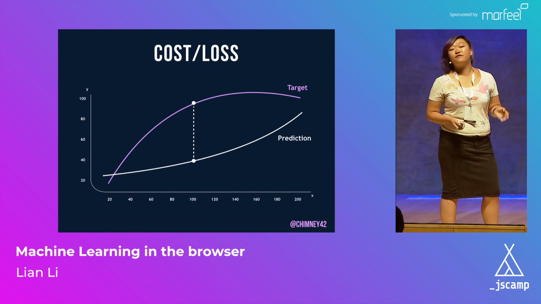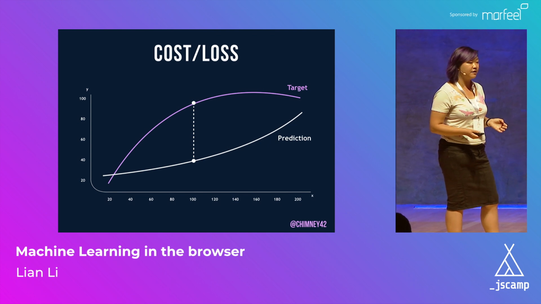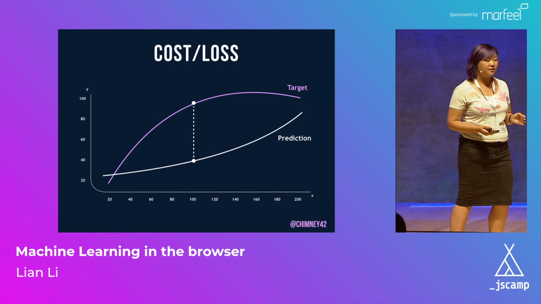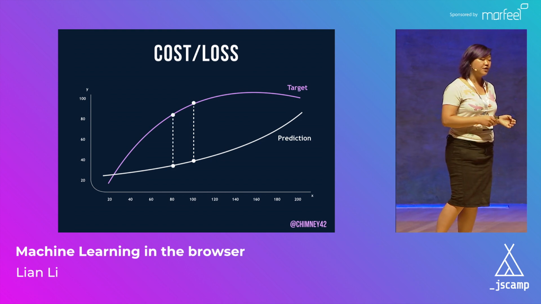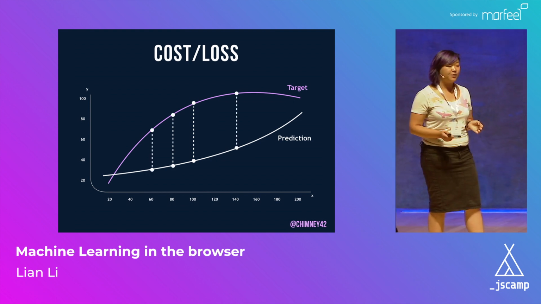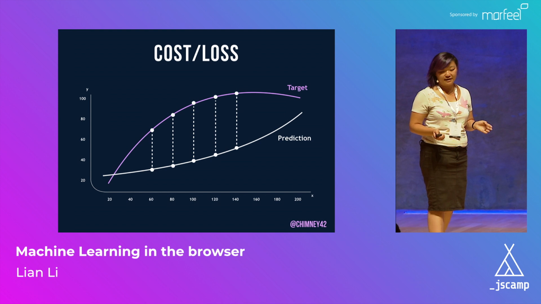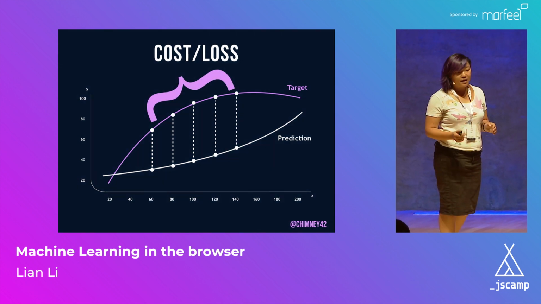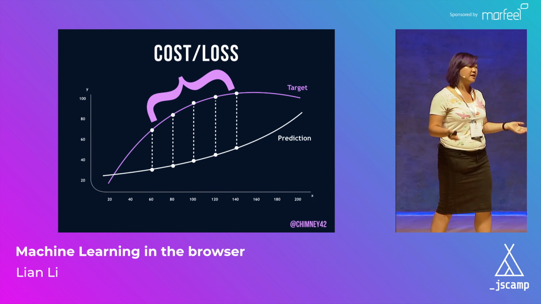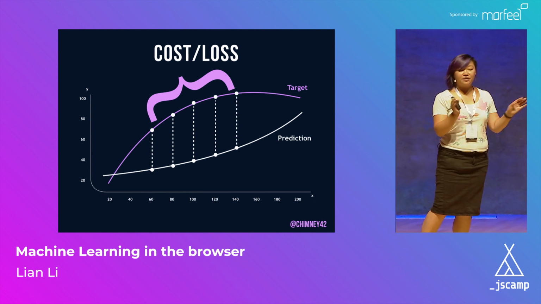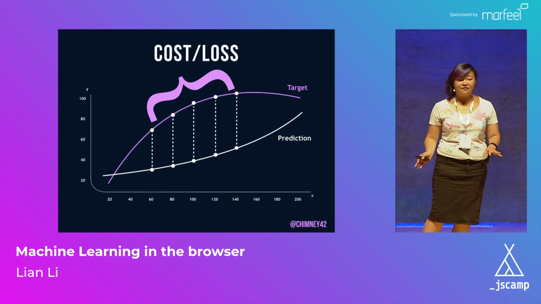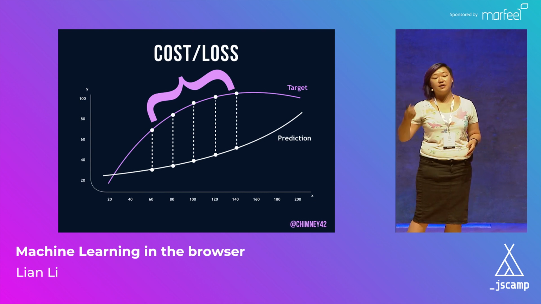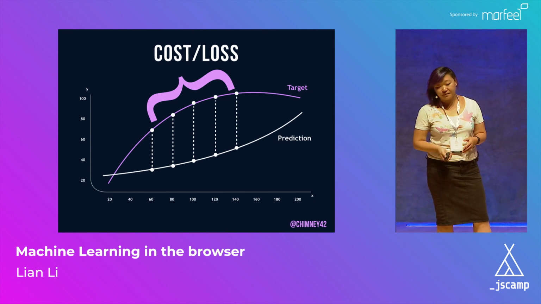And the cost or loss function doesn't just give you the cost for one single point, it gives you the cost for each data point that we actually have. So in all our training data, that's the cost or loss. It's some representation. It's not necessarily just subtracting. It can be Euclidean distance. It can be whatever. It depends on your problem which cost or loss function will be the best.